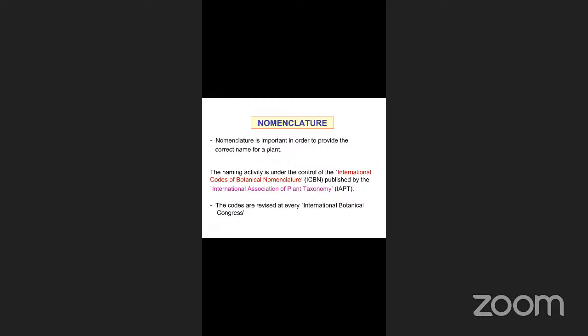The scientific name is based on the binomial system, popularized by Carolus Linnaeus. It consists of two parts, genus and species.